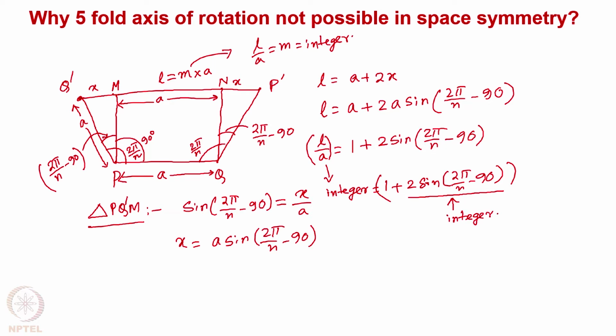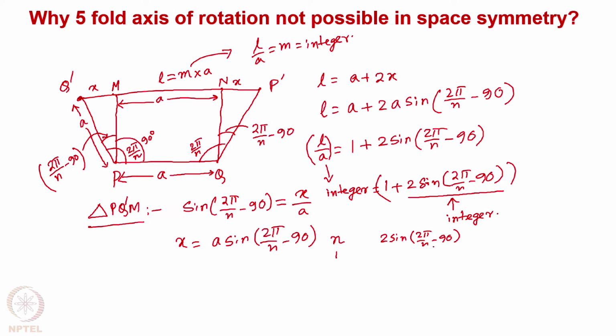Now let us see what happens. We are going to write the values for n and the corresponding 2 sine of (2 pi by n minus 90). For n equal to 1, it is 2 pi minus 90, which means 270.